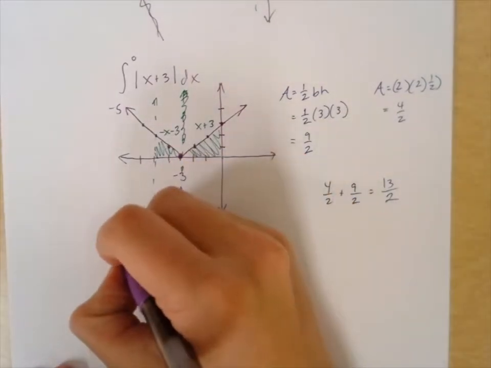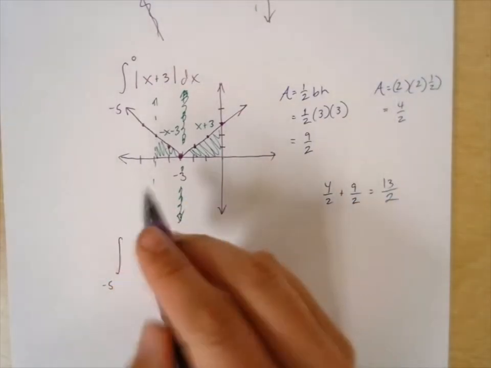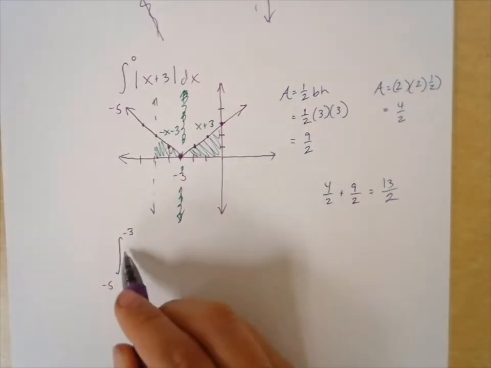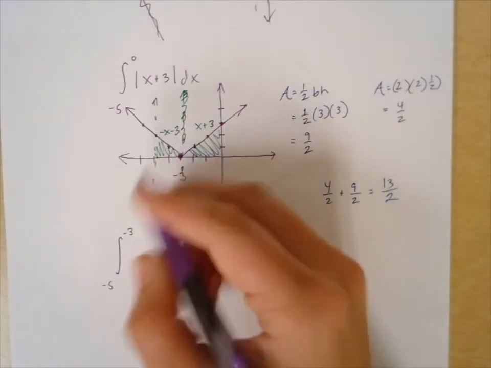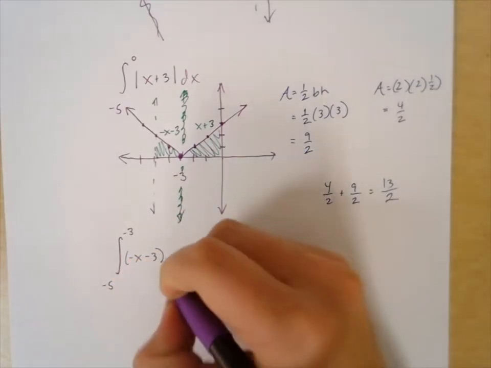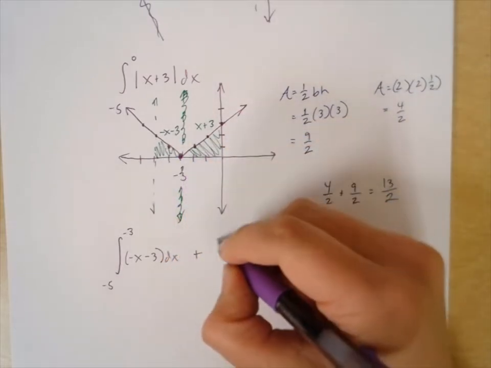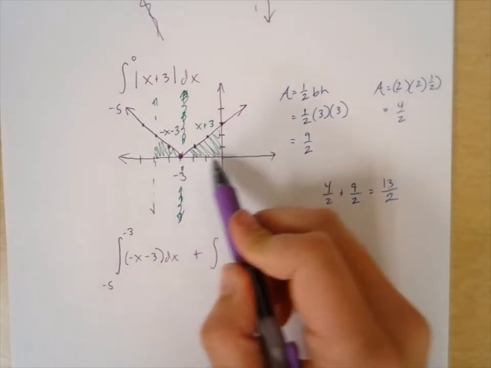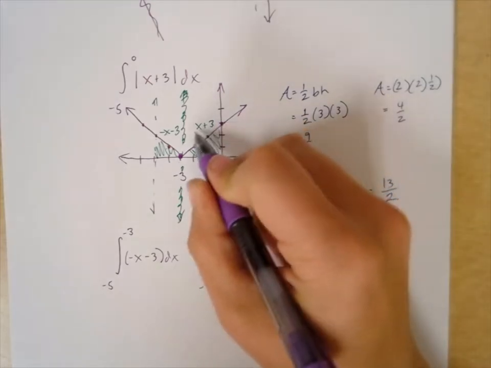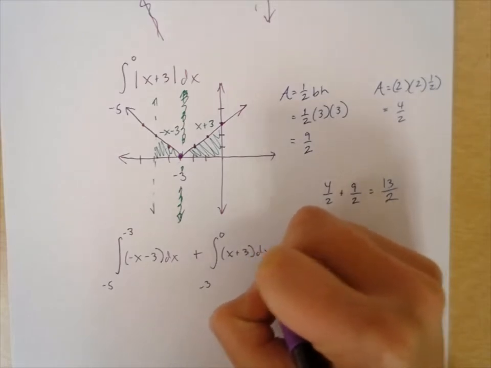Really, what we can do is use the additive property, and we can say from the bound negative 5 to negative 3, we're taking the integral of the negative function of negative x minus 3 dx, and we're adding that to the integral from negative 3 to 0 of the positive function of x plus 3 dx.